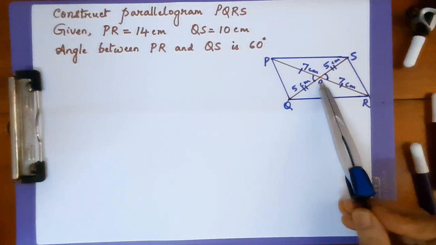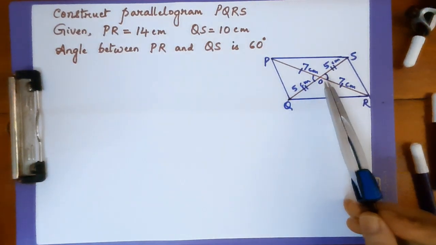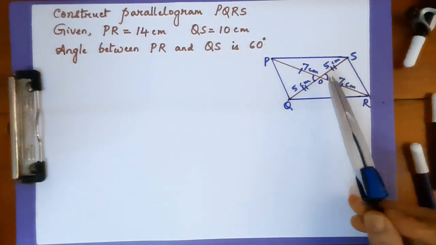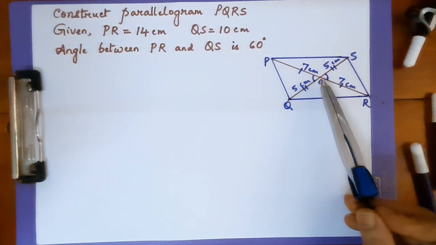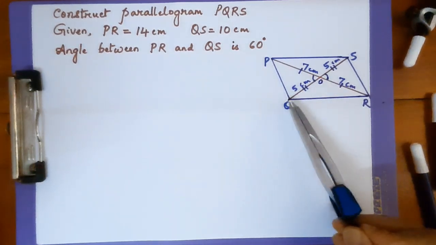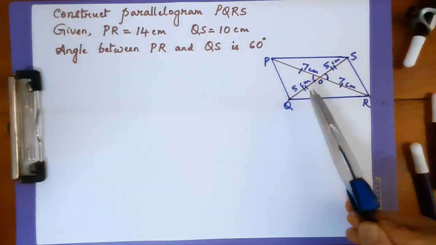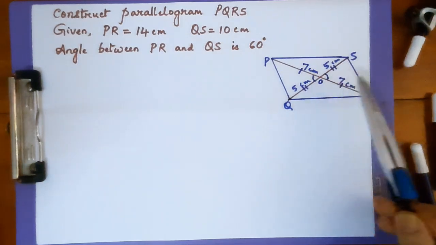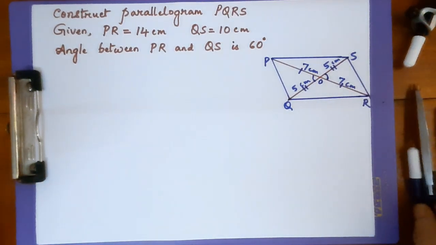Now how to obtain the point O? It is by drawing the perpendicular bisector. Observe, the perpendicular bisector makes a 90 degree angle with PR, whereas the other diagonal is making only a 60 degree angle. So let us see how to proceed with the construction.